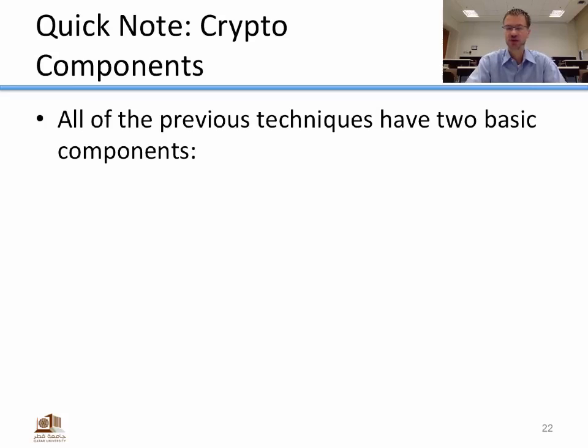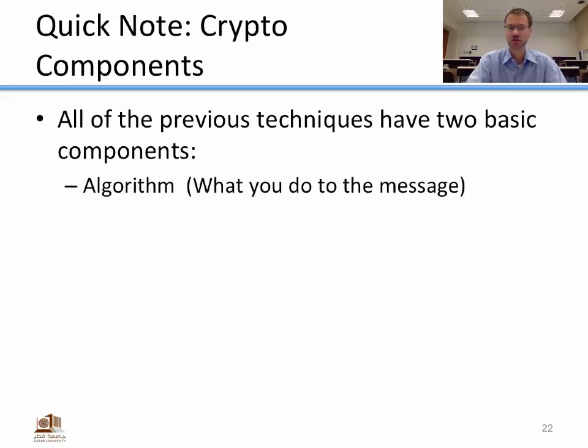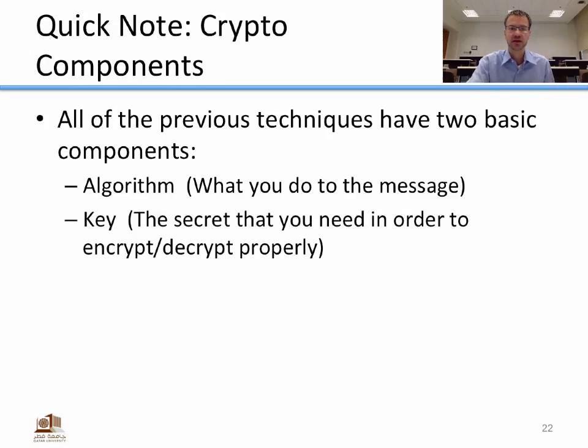So I want to make a quick note here about all the ciphers we just looked at. All these previous techniques have two basic components, and I hope you saw them as we went through. The first is an algorithm, which is something that you do to the message. In the case of a shift cipher, my algorithm is, I take the letter and I add a number to it, and then I turn it into that letter. The other component all these techniques have is a key.